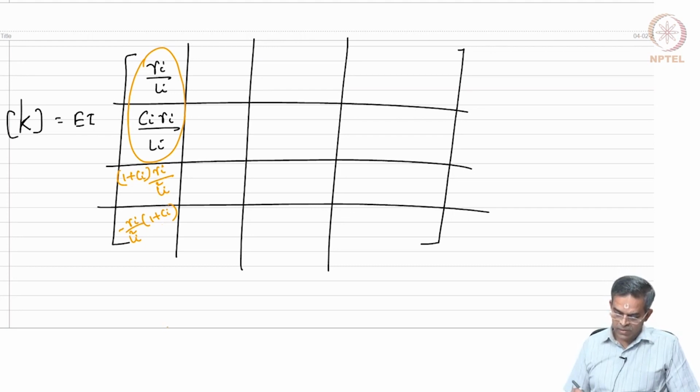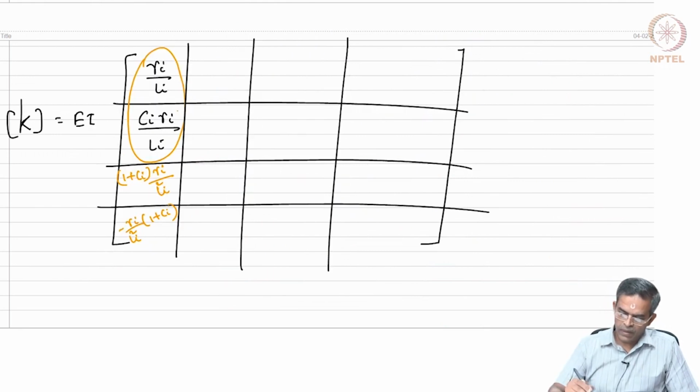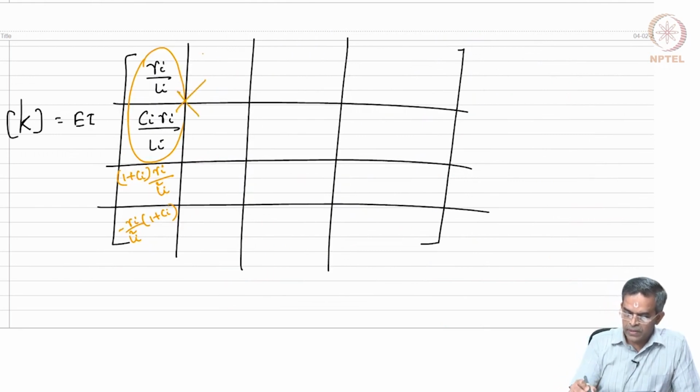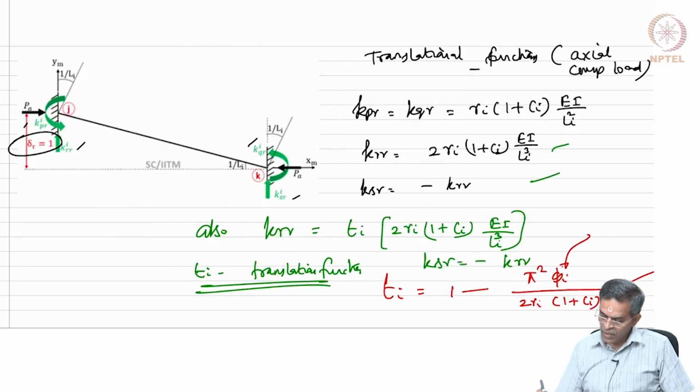If you look at this is crossed, is it not? See here, this is crossed. So, I will cross it here, I will cross this here. So, I am writing this as Ci Ri by Li, this is simply Ri by Li. In fact, that is what you will get here, see here.